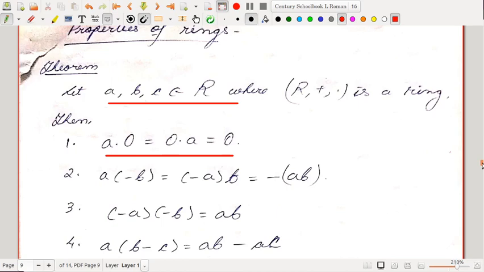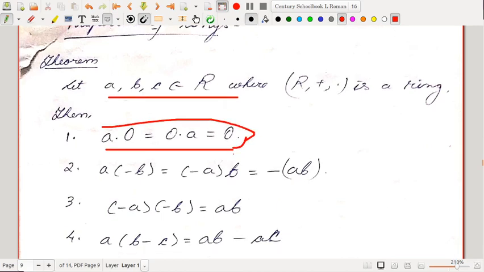The reason for listing these as properties is that the definition uses only the minimum number of properties that are taken for granted. All other things are derived from those properties. So in the definition of a ring, we do not give this property, because it can be proved from the things that we have assumed in the definition.